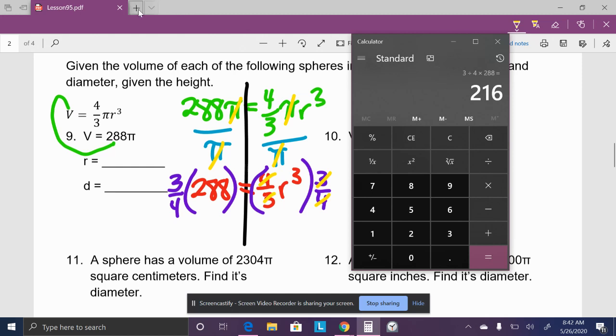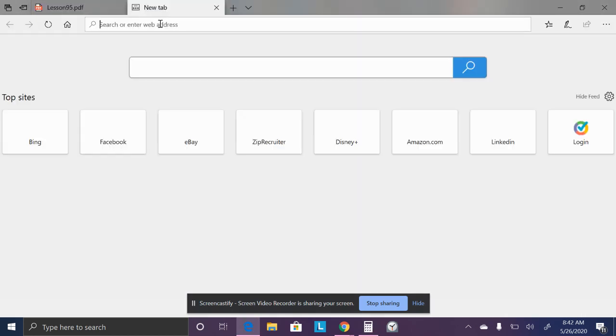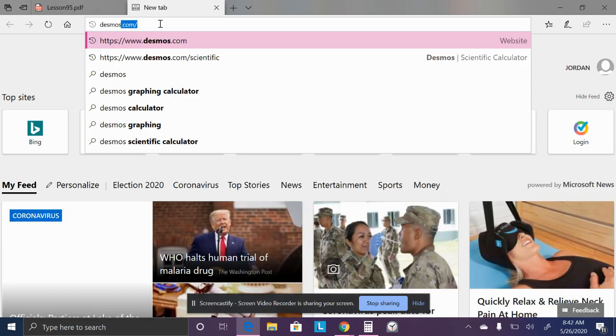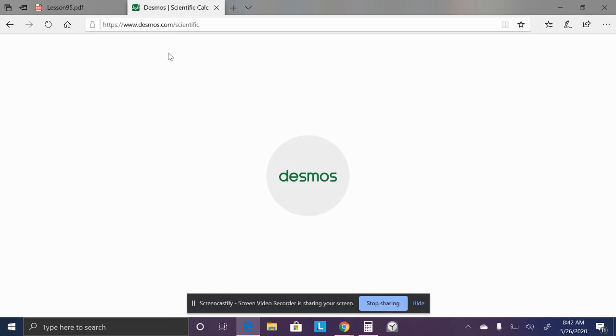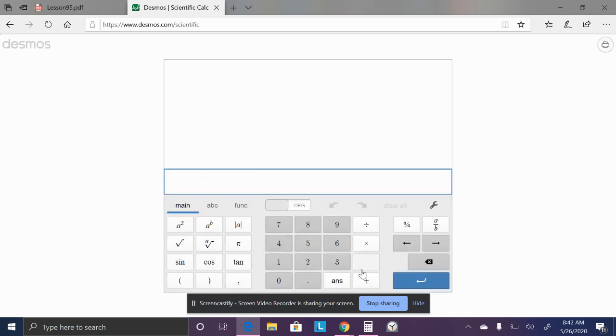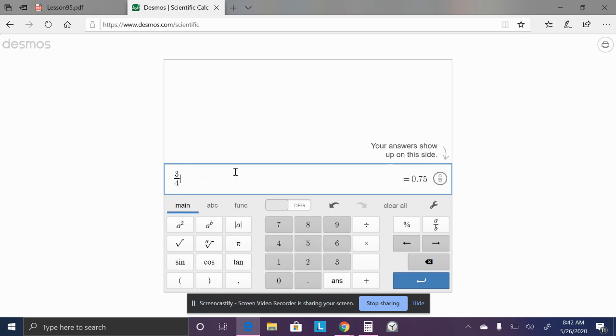Or if you use your Desmos calculator, why don't we do that? So we have 3/4 times 288 is 216, right?